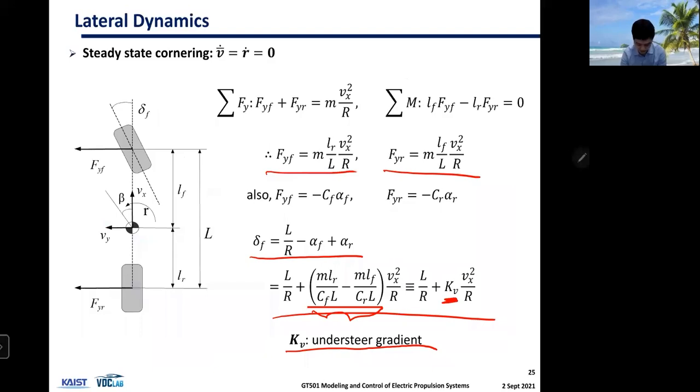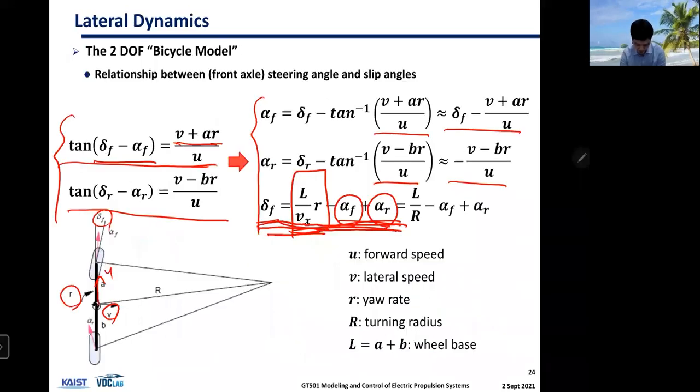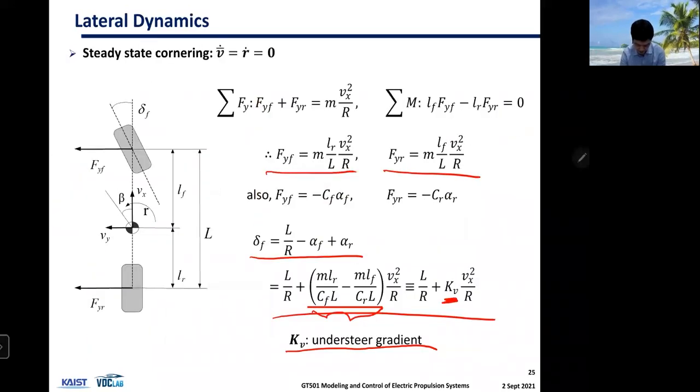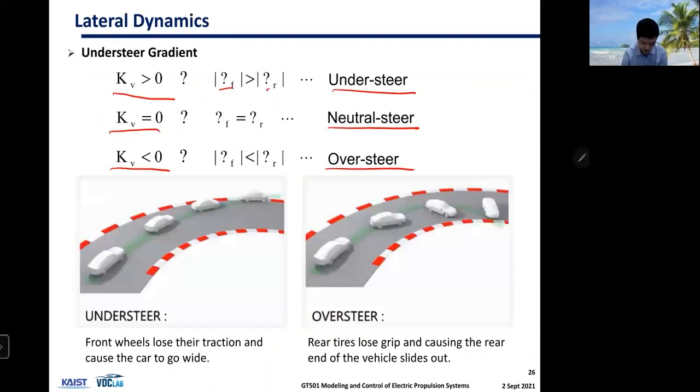Why is that? Well, if this value is larger than 0, then front wheel slip is larger than rear. If it's 0, then front wheel slip and rear wheel slip are equal. And if it's lower than 0, then rear wheel slip is larger.